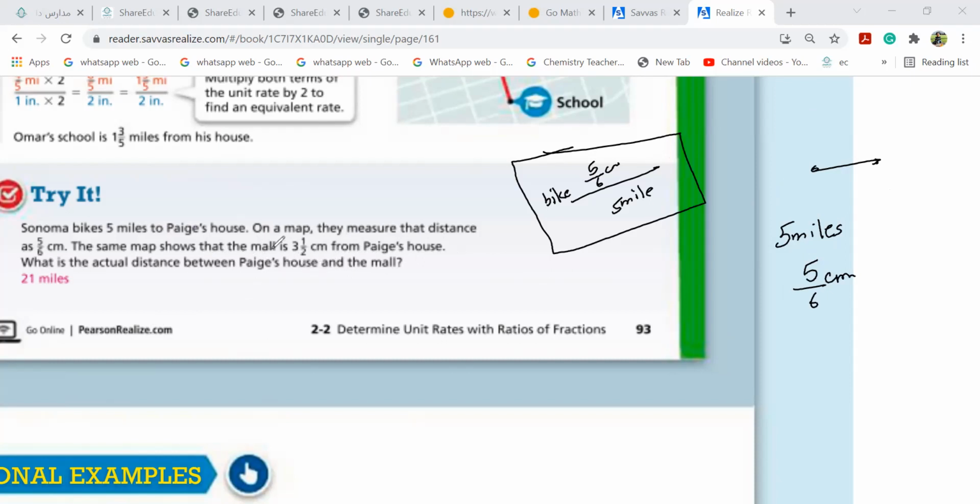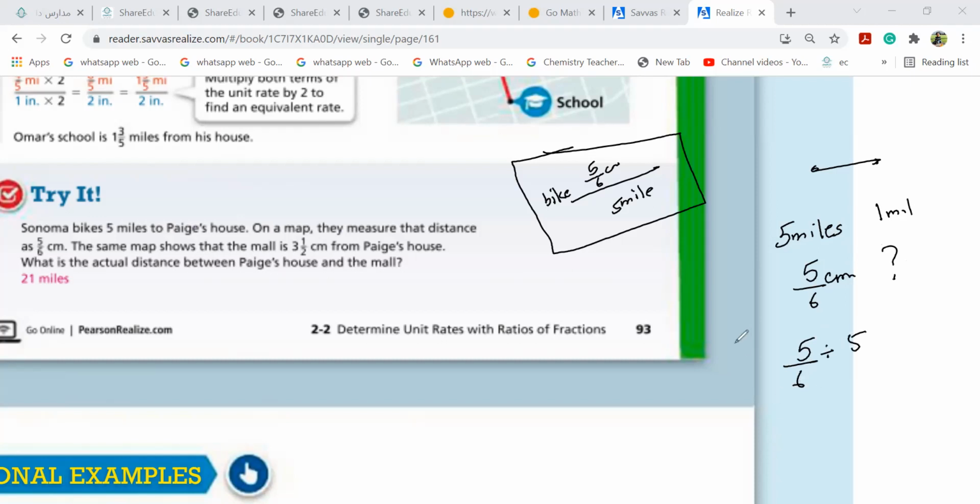Okay. So the mall from Peg's house is 3.5 centimeters. And first let us see that 5 miles, if this is there, so 1 mile is how much? You have to divide, for 1 mile, 5/6 divided by 5.